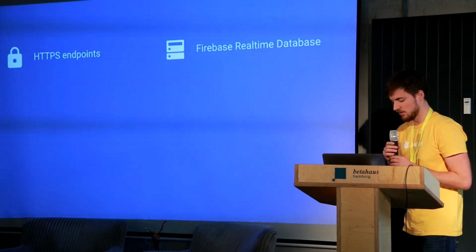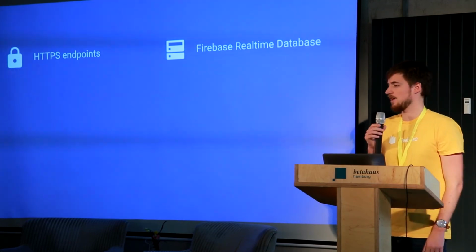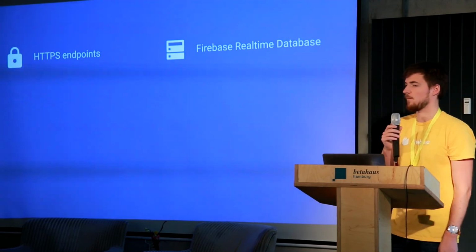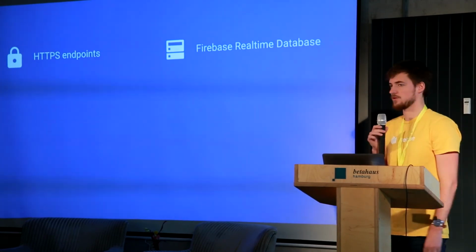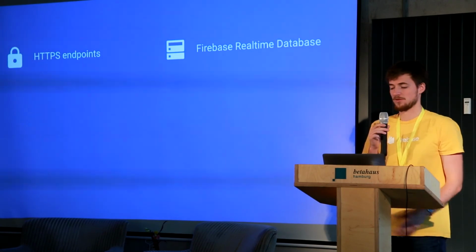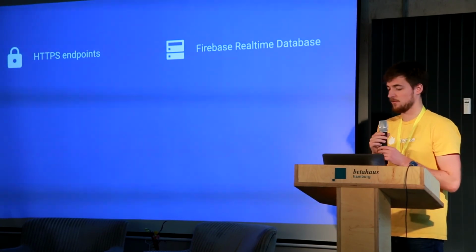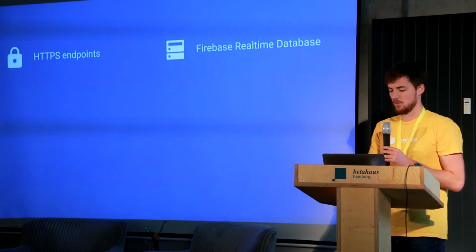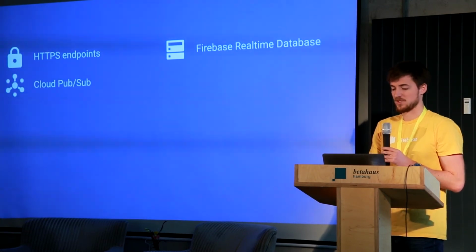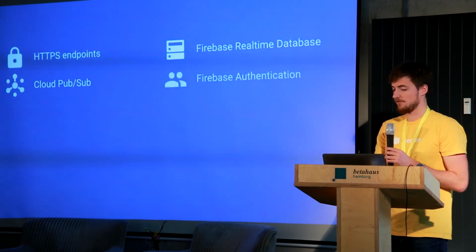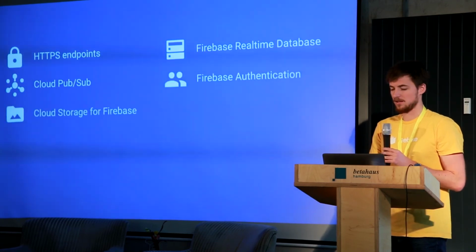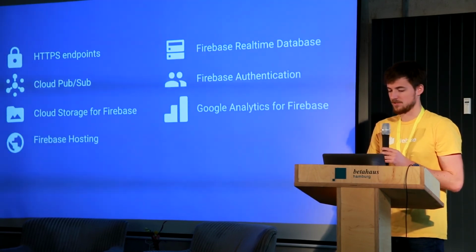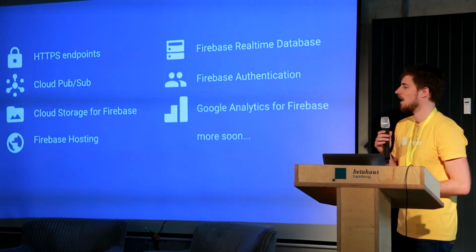So we talked a bit about the kind of triggers that exist. We talked about HTTPS endpoints. I showed you Cloud Firestore. The same events also exist for the Firebase Realtime Database. But there are a bunch of other products as well that work with functions today. For example, Cloud Pub/Sub, Firebase Authentication, Cloud Storage for Firebase, Google Analytics for Firebase, Firebase Hosting, and more.